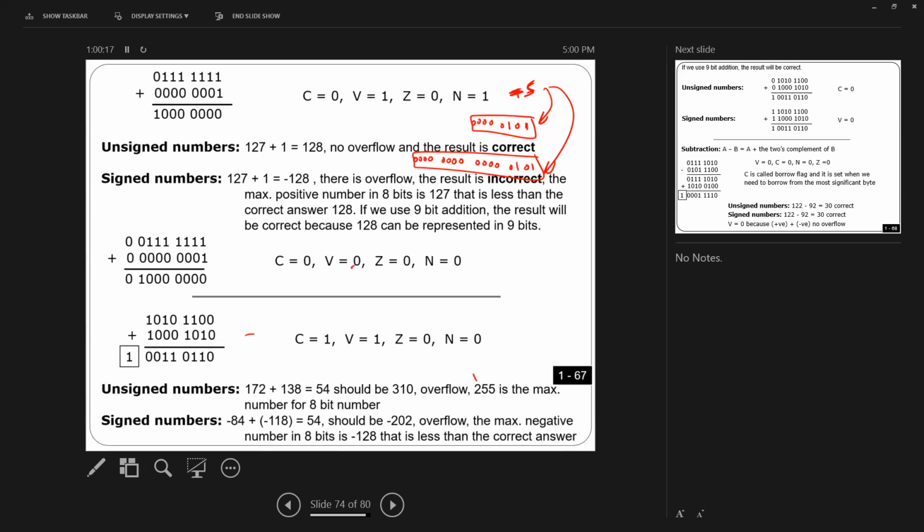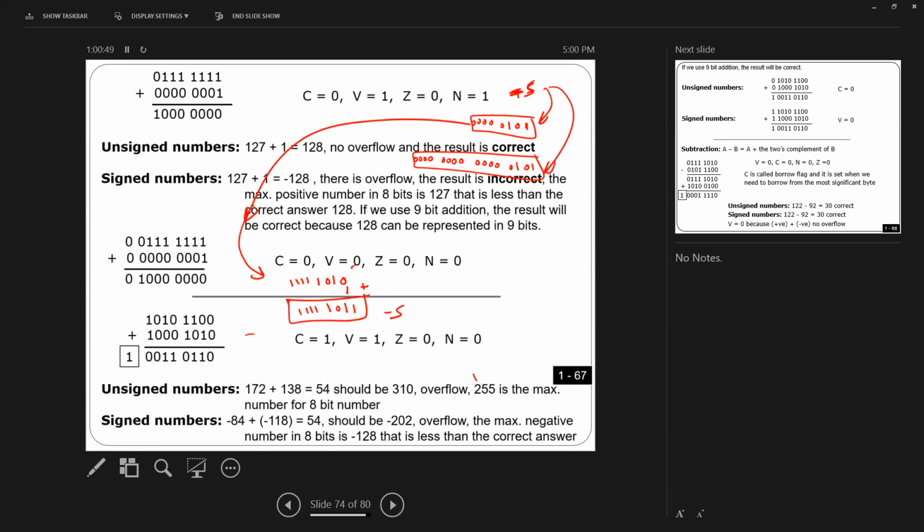If I take this one and calculate its 2's complement, I'm going to get -5 in a byte. As I said, the 2's complement is the 1's complement plus 1. So it's going to be 0, 1, 0, 1, 1, 1, 1, 1. Is that okay? And then I'm going to add 1, so it's going to be 1, 1, 0, 1, 1, 1, 1, 1. So this one is actually -5.